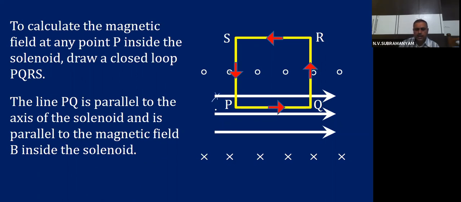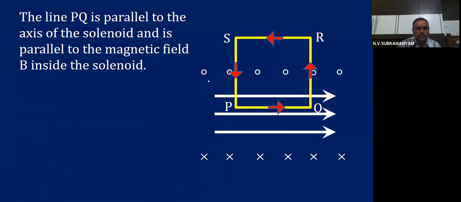These are the magnetic field lines, and this is the direction of the magnetic field. So PQ and the magnetic field are parallel to each other. That means if I take a dl part of this PQ and draw the tangent, dl and B will be parallel to each other. Then the line PQ is parallel to the axis.